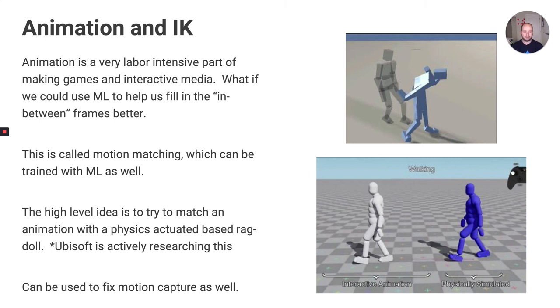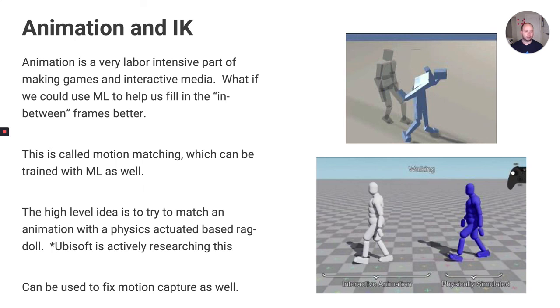The result is two characters that look about the same, but one is physically based. One is literally stepping on the ground. If you poke him, he'll move over. If you throw a rock at him, he'll get knocked over and try to get back up again. It's very, very cool.